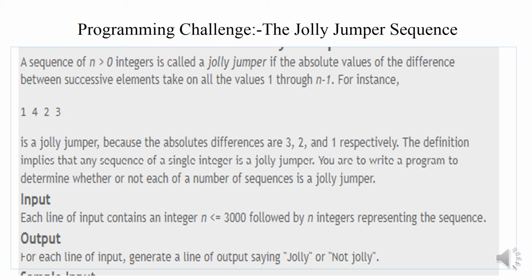So for each line of input, how the input and output occur on a specific line is like the tree program. In that tree program, on the first input line we give the number of passengers or participants who are going on a trip.